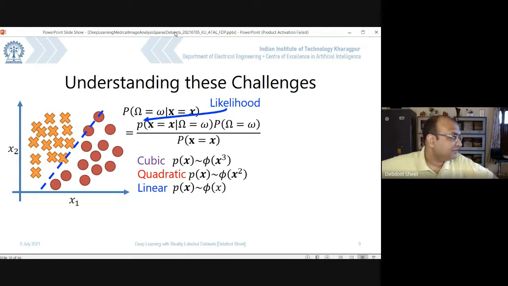So can somebody tell me, if I want to fit a straight line to certain data points, then how many free variables will I have to optimize for? How many free variables do I need to optimize if I want to fit a straight line?